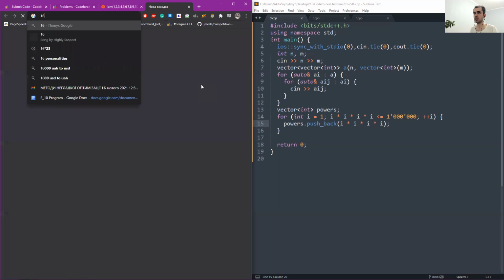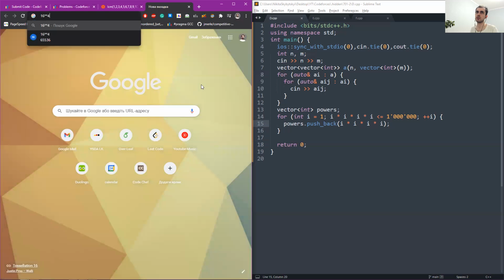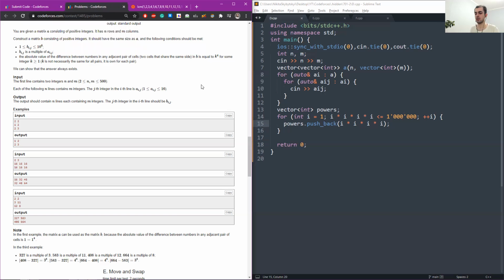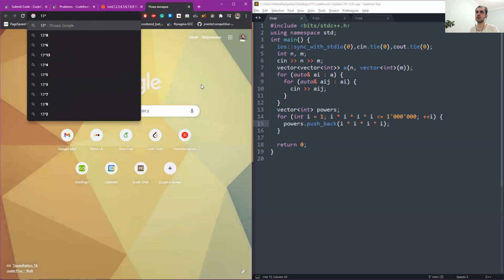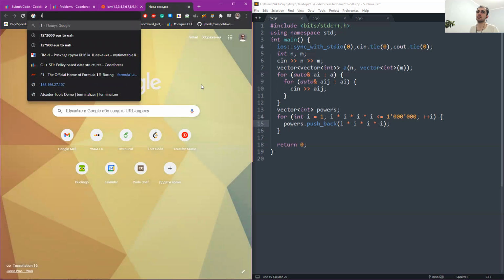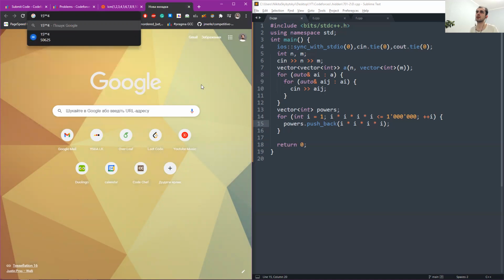Let me quickly check how bad is 16 to the first. That's not something you want. I mean, 13. Even 15 to the fourth is like, well, what if we got two numbers that are adjacent and both divisible by 15, right? And you need their difference to be not zero, but then divisible by 15.